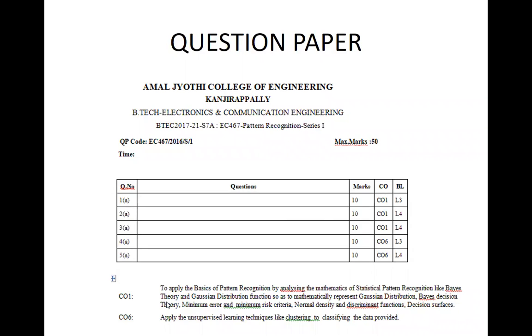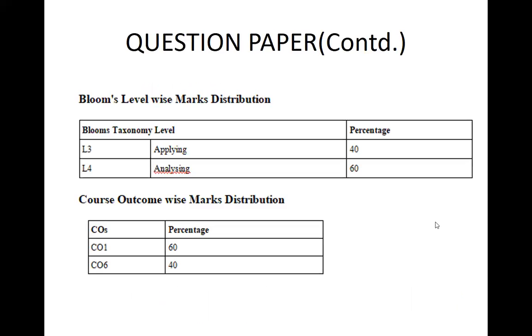We are given the course outcomes at the bottom. So the first question, course outcome, these questions 1, 2, 3 are mapped to course outcome 1. And questions 4 and 5, they are mapped to course outcome 6. And by means of Bloom's levels, we specify the Bloom's level also in the question paper.